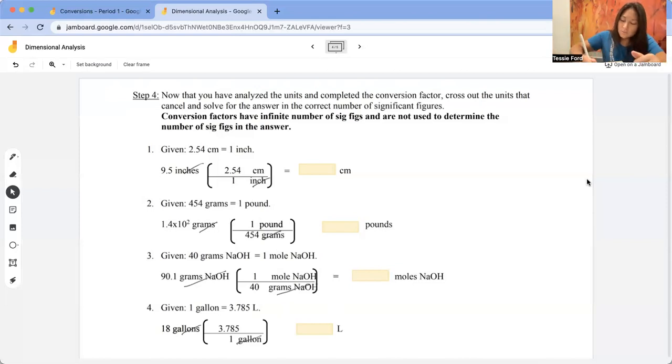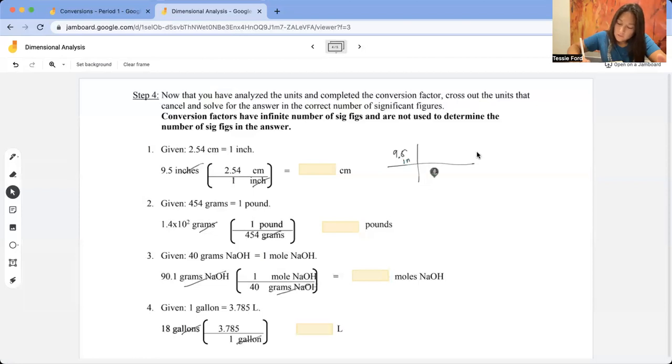Okay, so for example, 9.5, the inches canceled, so I just get stuck with 9.5. And I actually like to do it like a picket fence, so I'm going to do that. A lot of people do the parentheses, but I'm going to do a picket fence because you see it better. So 9.5 inches, just so that you guys can see that they'll cancel.